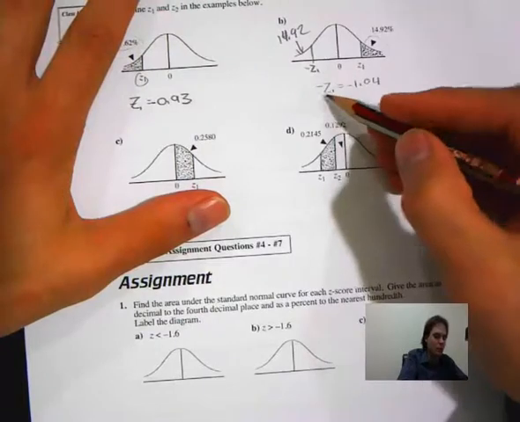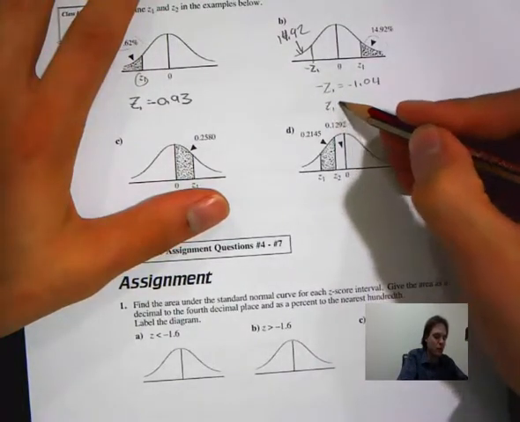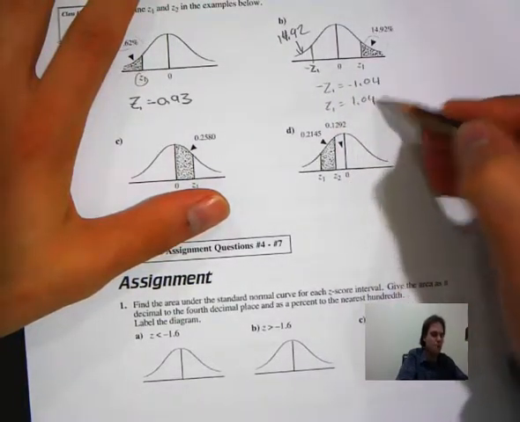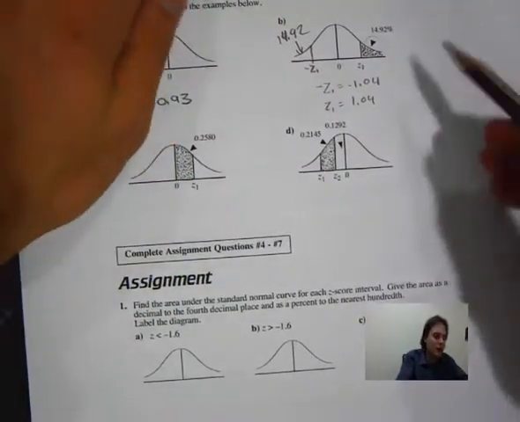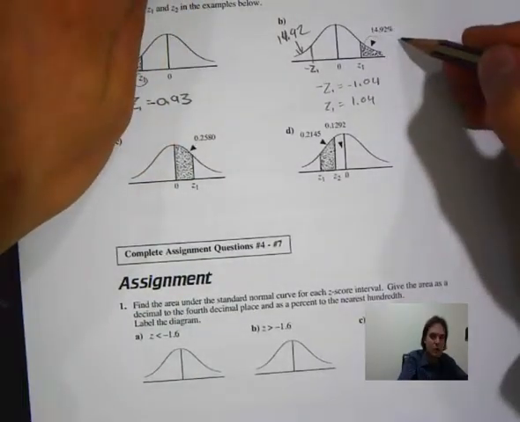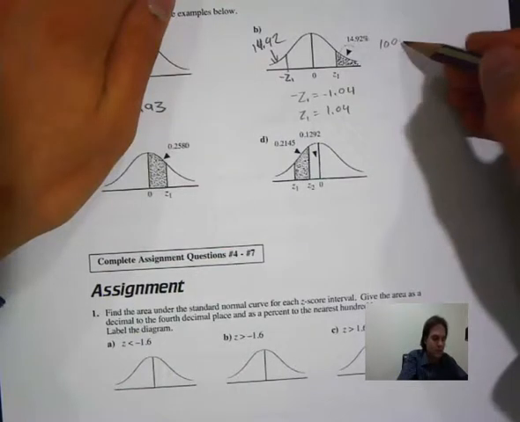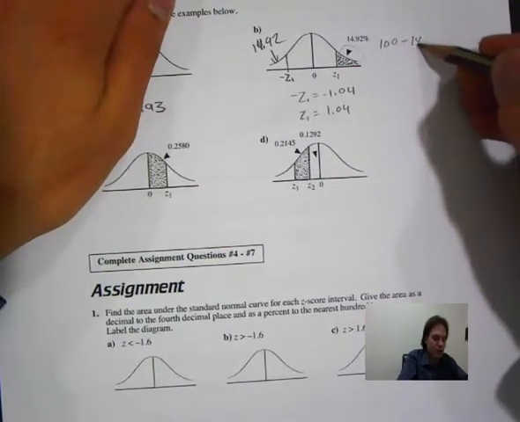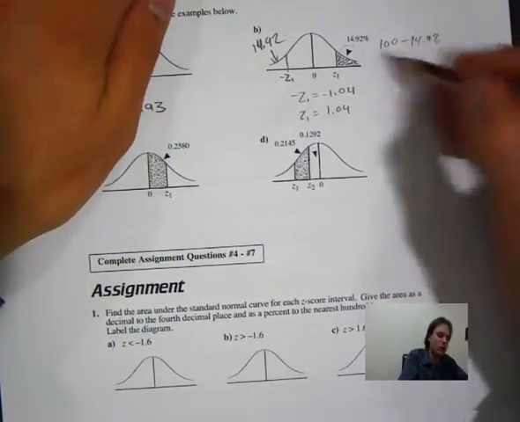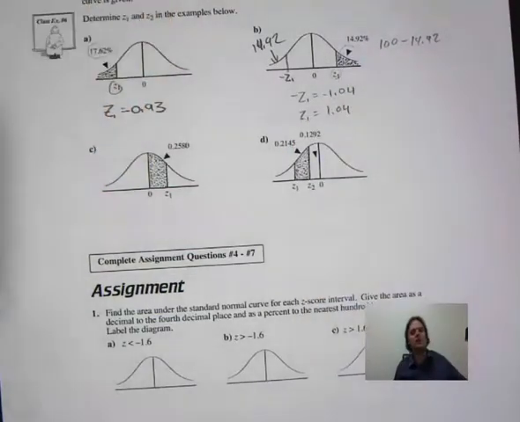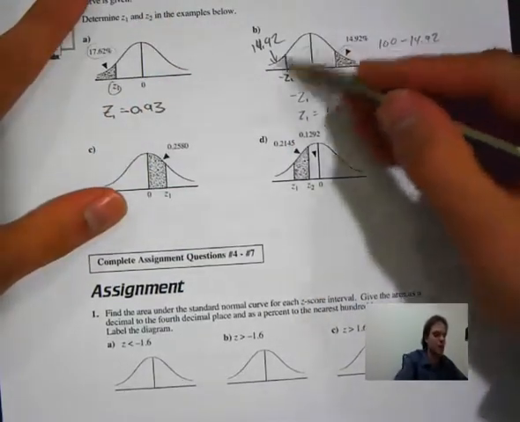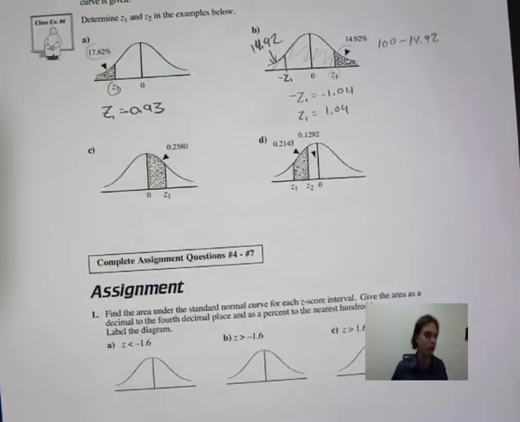Well, we want positive, divide both by negative, so z1 is equal to 1.04. The other way of doing it is I could have gone 100% subtract 14.92, and then looked up that one and found the positive z-score. And that would have given me all of this here. That's the other way of doing it.